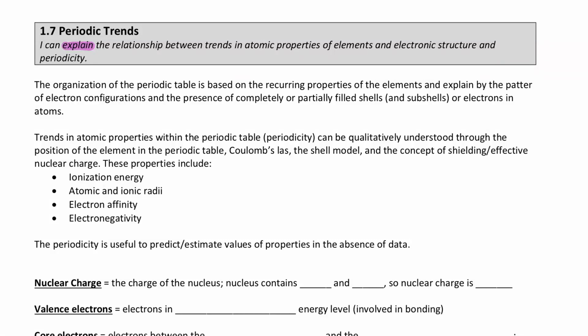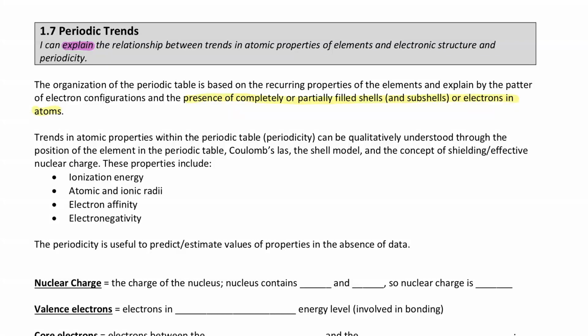All right, at this point, I hope we know that the periodic table is organized in a way that helps us see recurring patterns and properties, as well as our electron configurations like we talked about last time. One thing I want you to note here that's going to be important to us as we look at trends in this first little blurb is the presence of completely or partially filled shells in electrons or atoms.